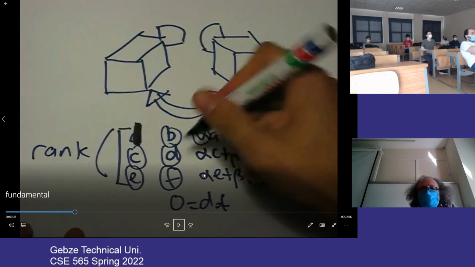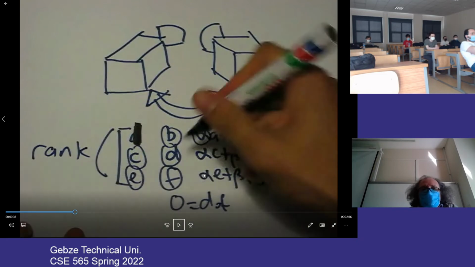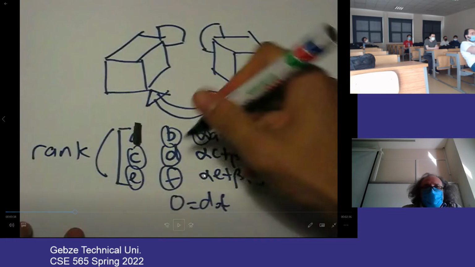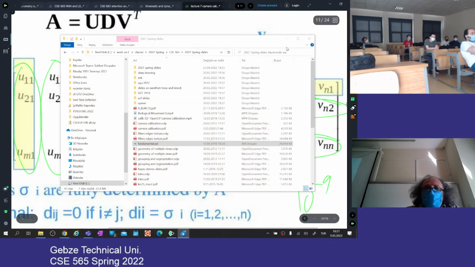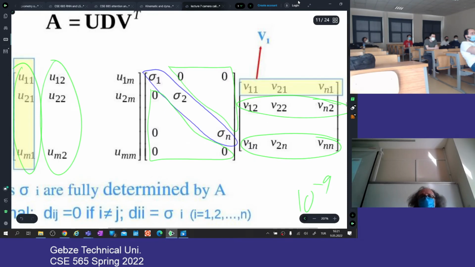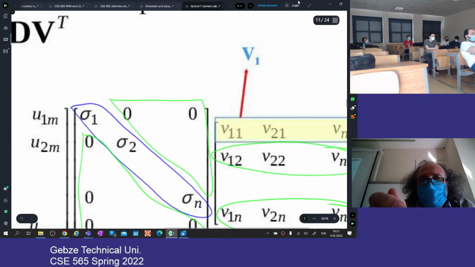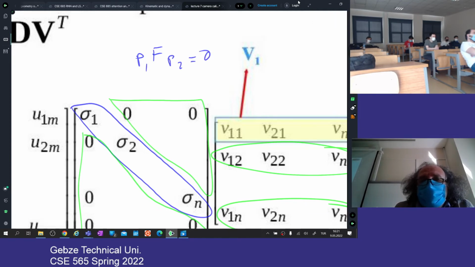Okay, its rank is 2. It's not 3. If you had a fundamental matrix of rank 3, then when you say P1 times F times P2 equal to 0, if you had a full rank matrix F, you couldn't get 0 here.